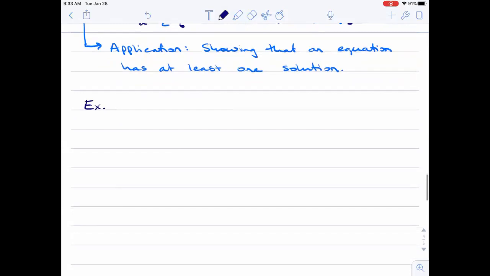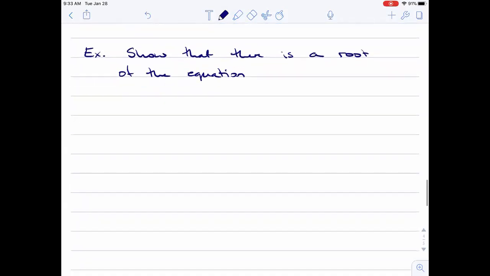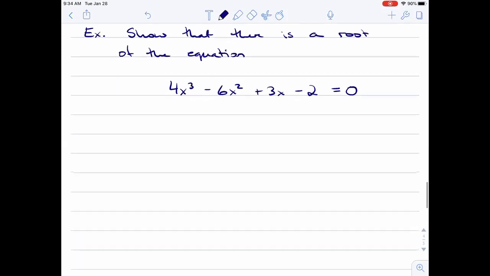So if you have to show that there is a root of the equation 4x to the power of 3 minus 6x squared plus 3x minus 2 equals 0, here I want to show that there exists some x that makes this 0 between 1 and 2, narrowing it down.